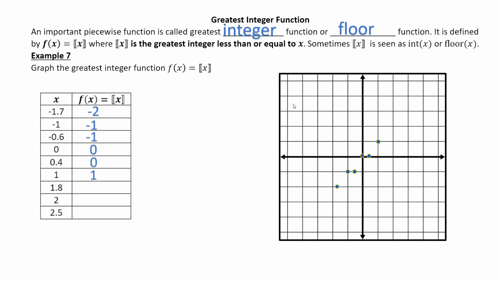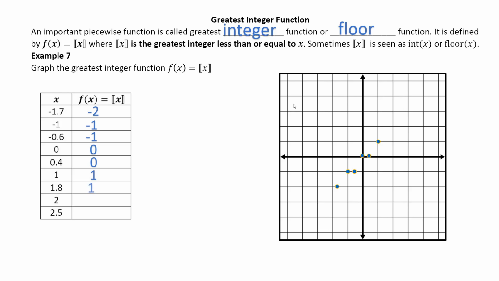At 1.8, we're talking about the integer that is just less than 1.8. It's the next integer down, so 1. I'm just stressing this because sometimes it's hard to understand when I just say it really fast. So 1.8, the greatest integer less than or equal to 1.8 is 1.